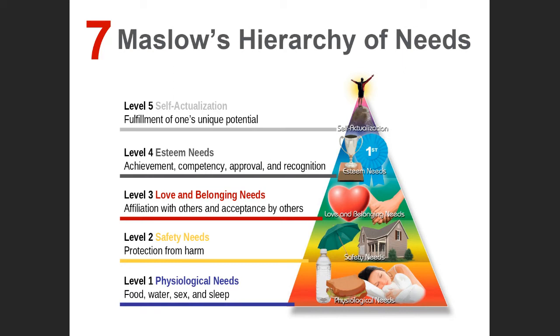It's a good framework for helping us understand what it means to be a fully functioning human being. So we have to get our lower level needs met before we can meet our higher level needs.